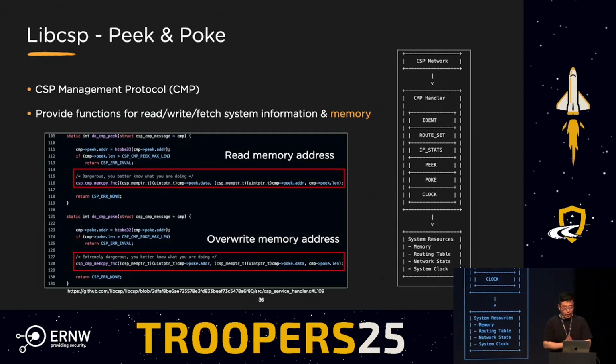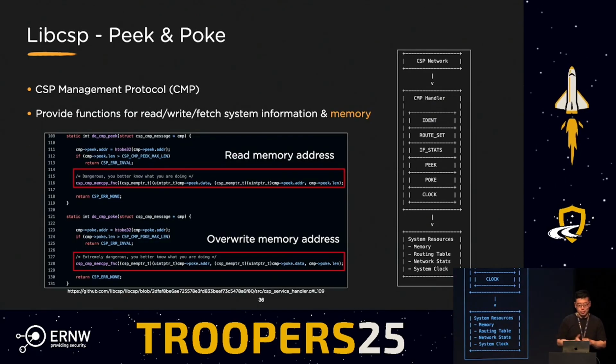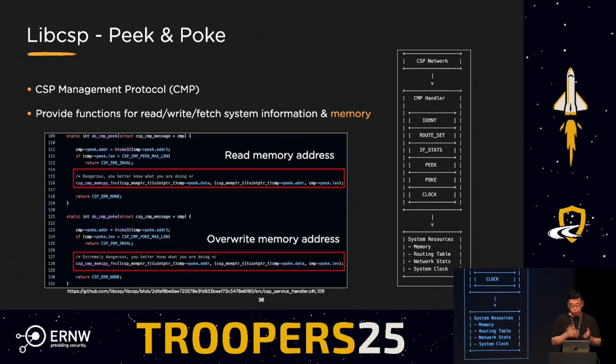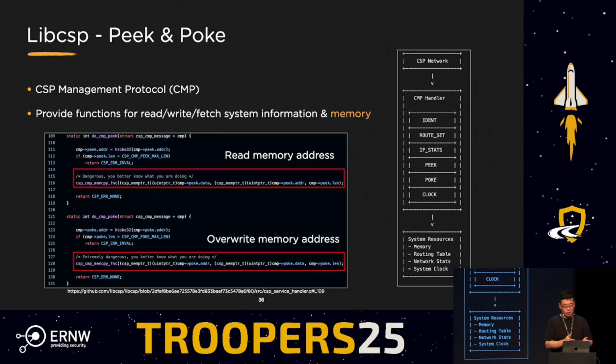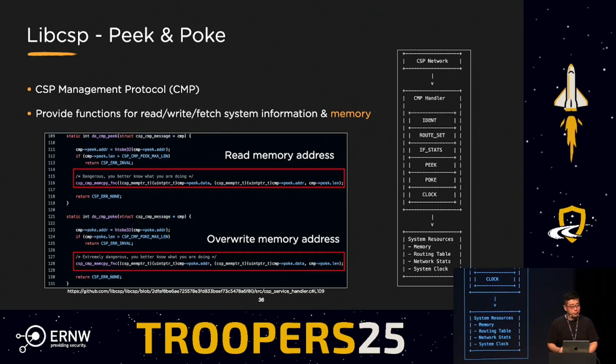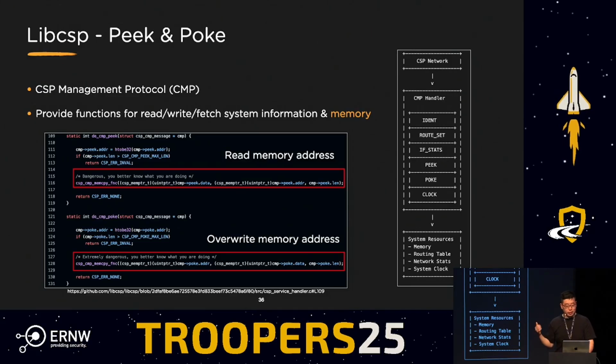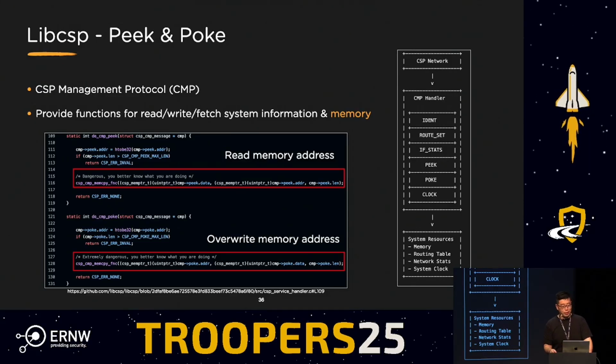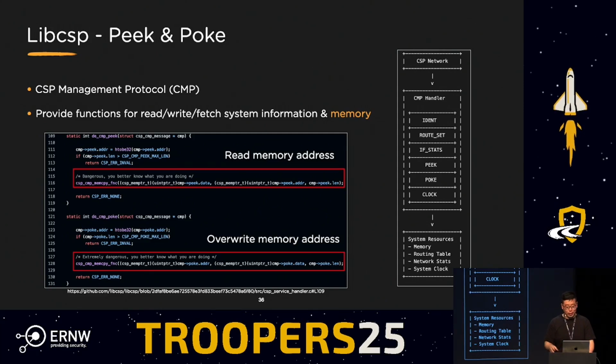Then I try to look back at libcsp, at what kind of functions might be included in this service. I found there are two functions in the CSP management protocols that are provided for engineers to debug, I guess.